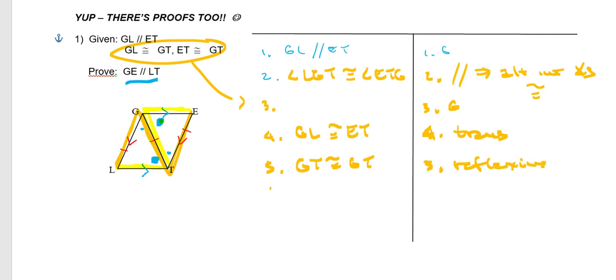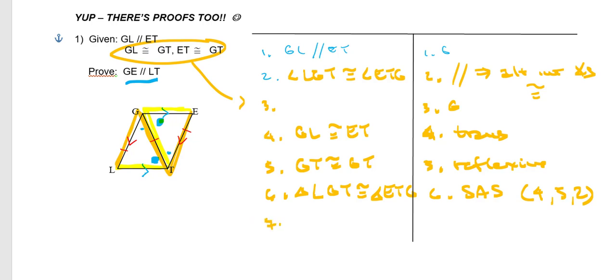So now I have side angle side showing that the triangles are congruent to each other. So triangle LGT is congruent to triangle ETG by side angle side. That comes from steps, what is it? Steps 4, 5, and 2.